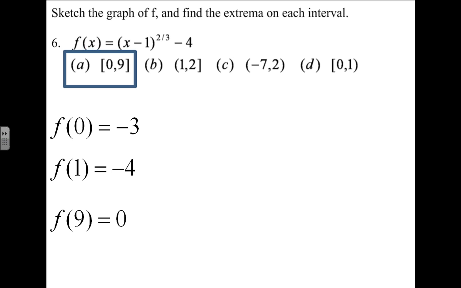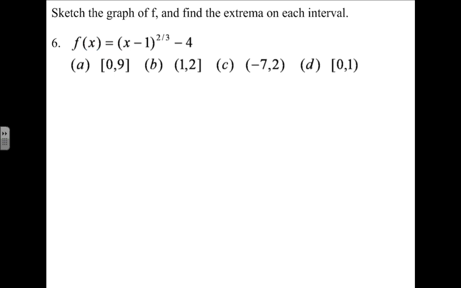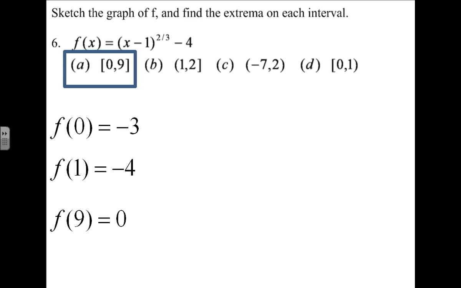Do you see how it works with the minimum and maximum? I didn't even need a picture for that. I have no idea what the graph looks like, but I know in the entire sketch of this, there's not going to be any y value bigger than 0, and there's not going to be any y value smaller than negative 4. I know that to be true.